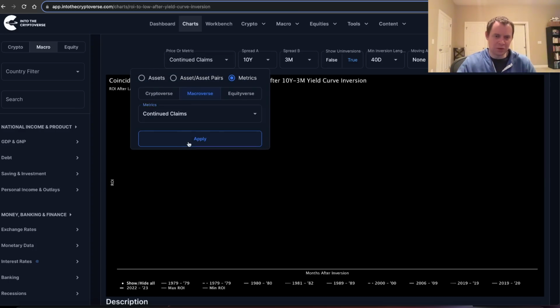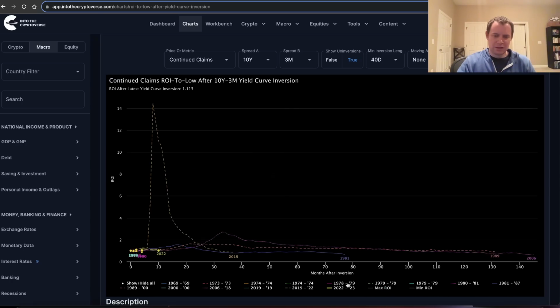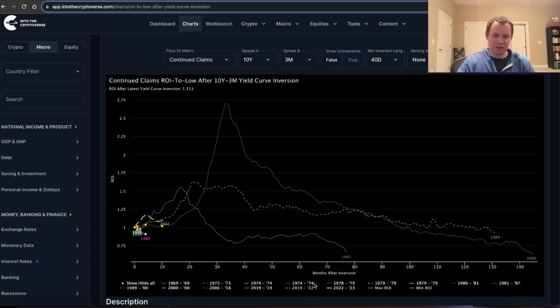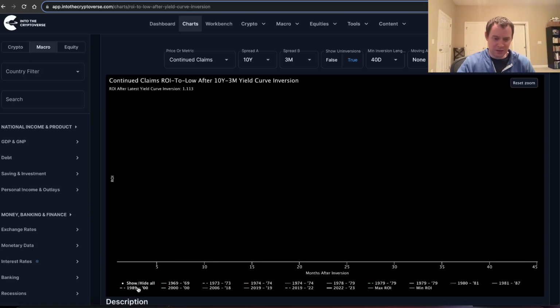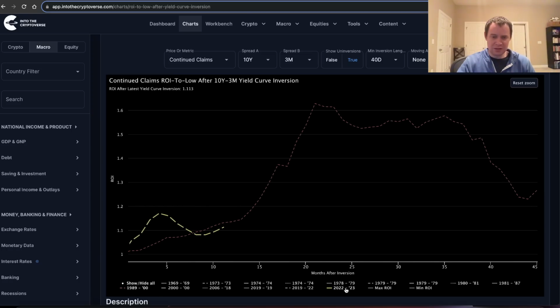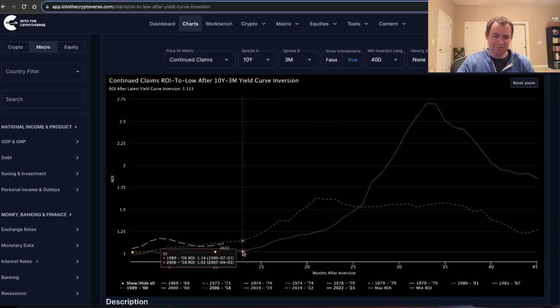Maybe we could also look at continued claims. That might be an interesting one to look at, and we'll hide the pandemic one. So this is continuing claims, right? If you look at the prior cycles, you can see what it's done so far. In this case, it's tracking the 1989 one the closest. So here's 1989, and here's the current cycle. But again, if you go through a lot of these cycles, it can take a while.